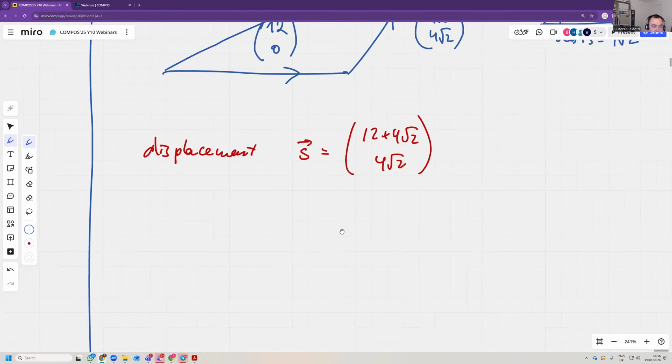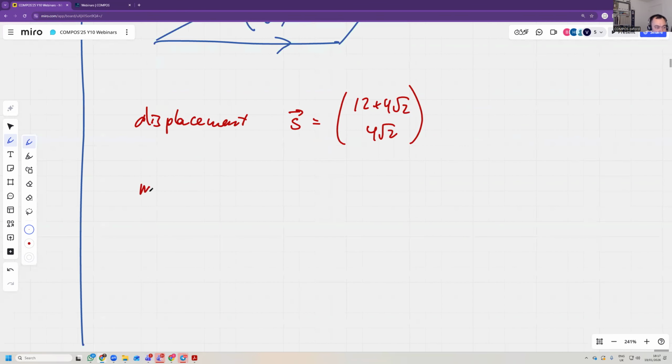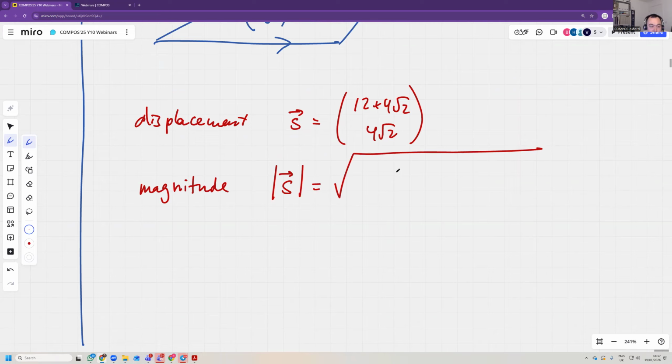The modulus of the vector, the magnitude of a vector, modulus S, is the square root of 12 plus 4 root 2 squared plus 4 root 2 squared.